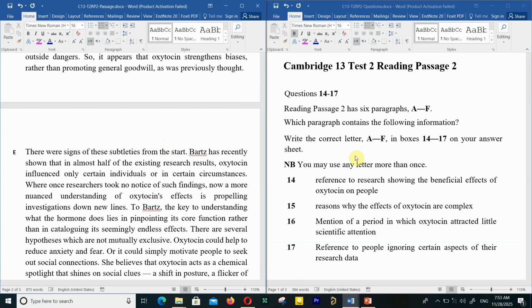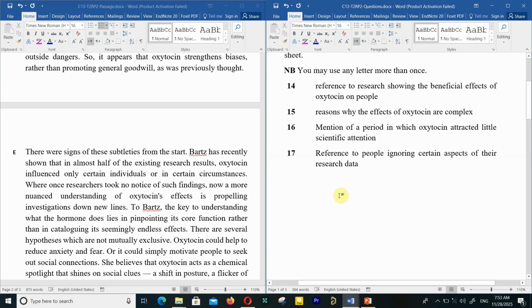So I am left with paragraphs E and F. I love to use all of the paragraphs for the questions. So probably at least two out of four, the answer is going to be E and F. So these are the paragraphs that I had to scan. Okay, this is the first thing that I can say.